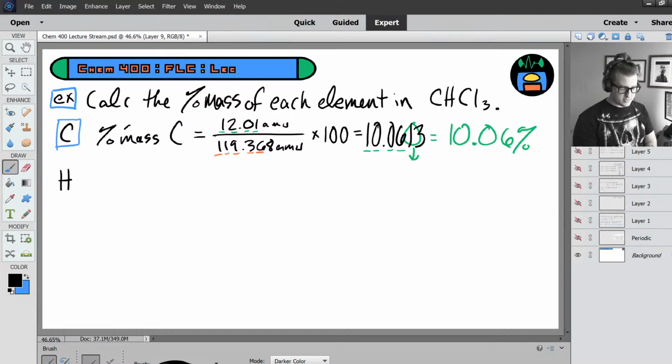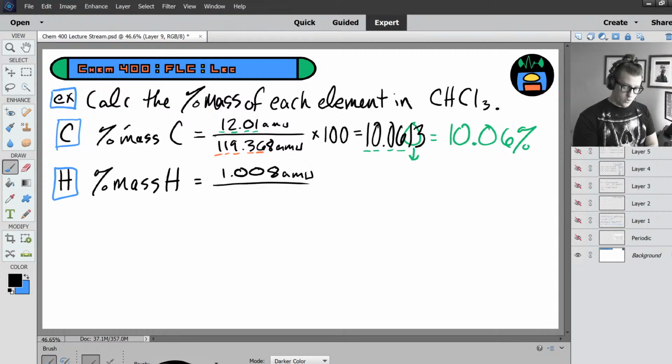Let's look at our mass percent of hydrogen in this molecule. The percent mass of hydrogen is our atomic mass of hydrogen, 1.008 AMU, over our molecular mass, which we previously calculated.